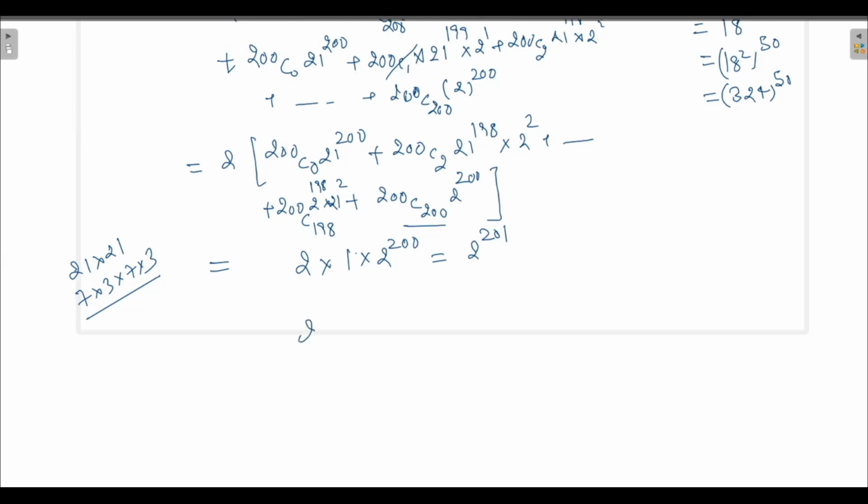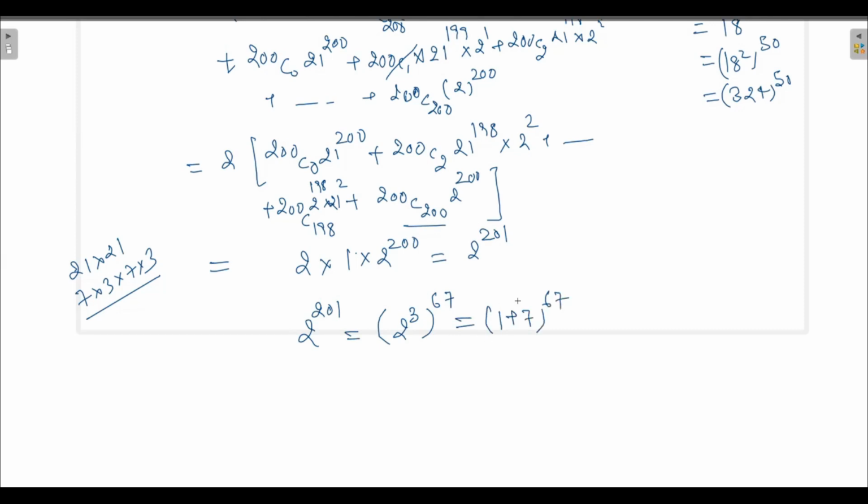So what we mean is 2 raised to the power 200 could be written as 2 raised to the power 3, and this raised to the power, I think, 67, right? So 3 7s are 21, and yes, 67. So now this is raised to the power 67. What is 2 raised to the power 3? 8. 8 could be written as 1 plus 7, raised to the power 67.